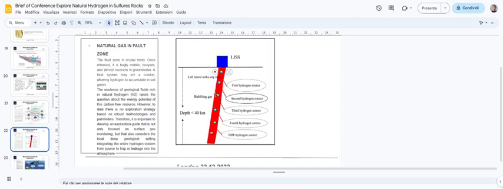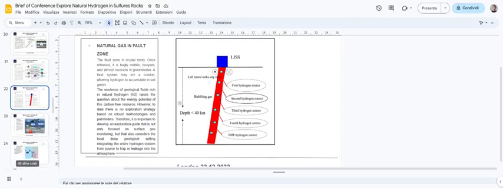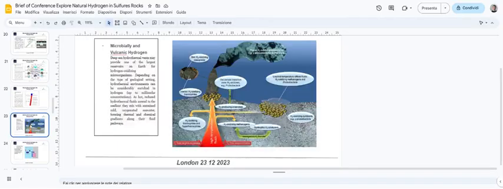Also, we need to pay attention to evaluating the porosity and the way to capture the white hydrogen.